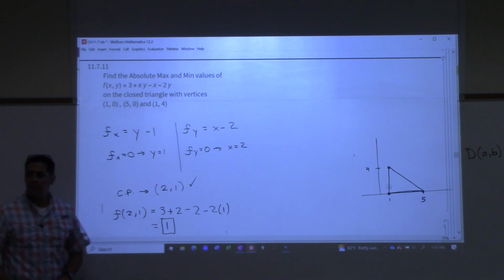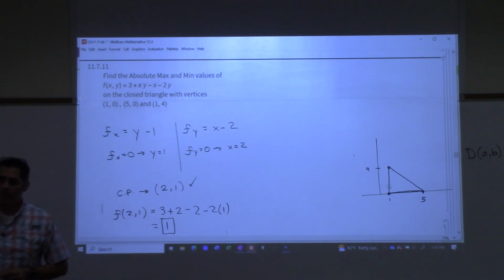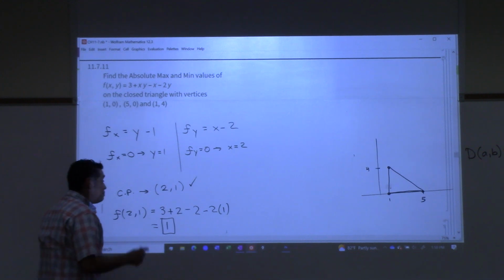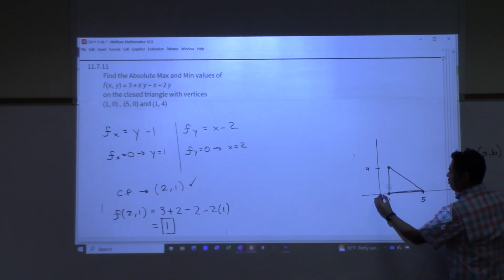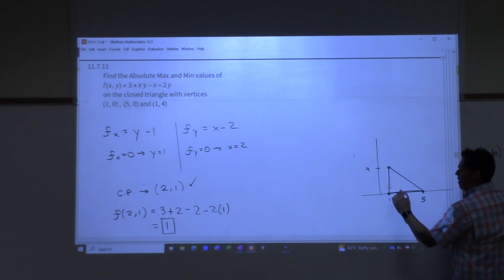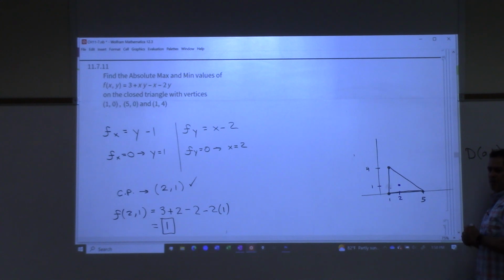Yes? How do you check if the critical point is within the boundary? In this particular case, it's just a visual check because it's the point (2, 1). 2 is here, and then if I go up 1, it's right there. I'm convinced that it's in there. Now, if it had been something like (4, 1.2), how would you check that?